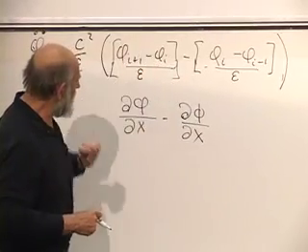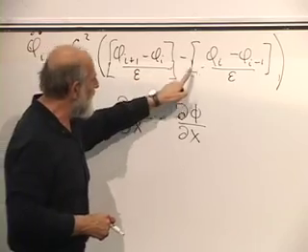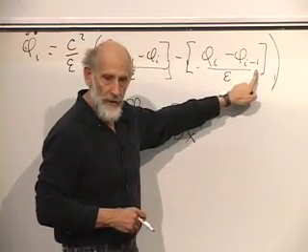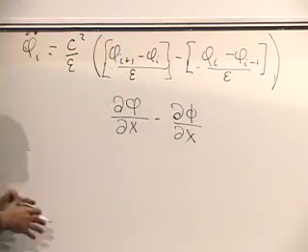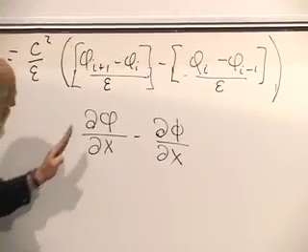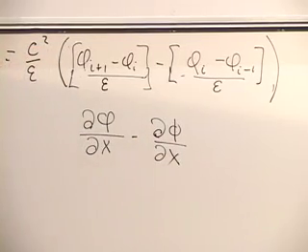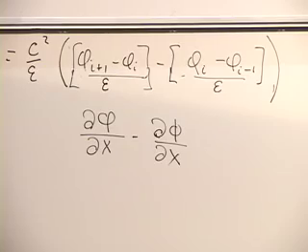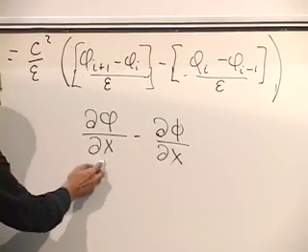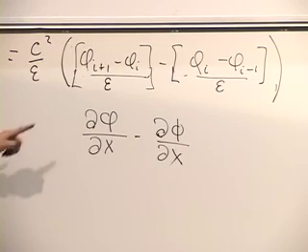All right, so if this is halfway between 7 and 8, then this one is halfway between 7 and 6. So this is the difference of derivatives. It's the difference of derivatives evaluated at 2 points separated by distance epsilon. You can think of it as the difference of d phi dx when you move a step epsilon.